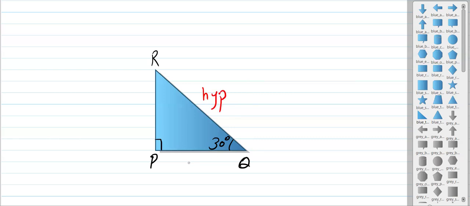Which side is the adjacent? PQ, good. So this is adjacent. And which side is the opposite?